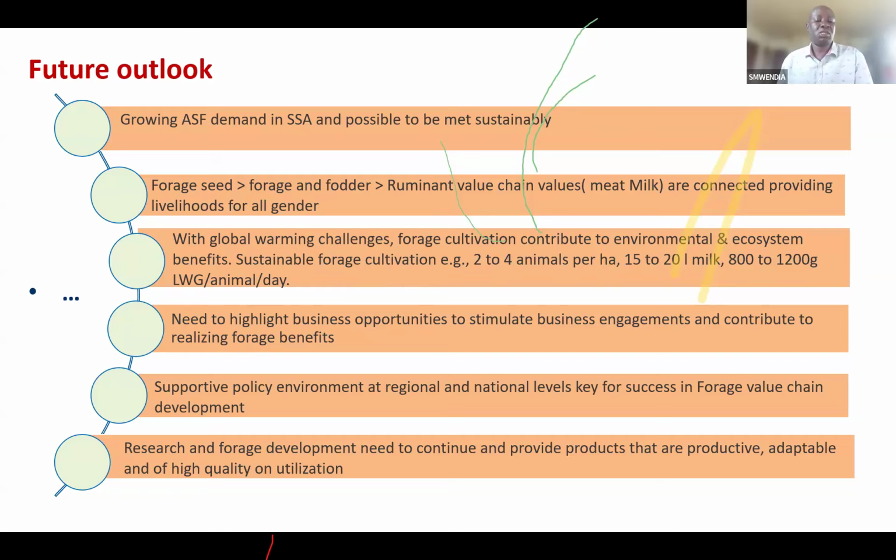We would want the carbon in the atmosphere that is contributing to increasing temperatures sequestered into the soil. And because these forages are perennial, they sit in a particular plot of land for more than 10 years, so they will help in sequestering the carbon.